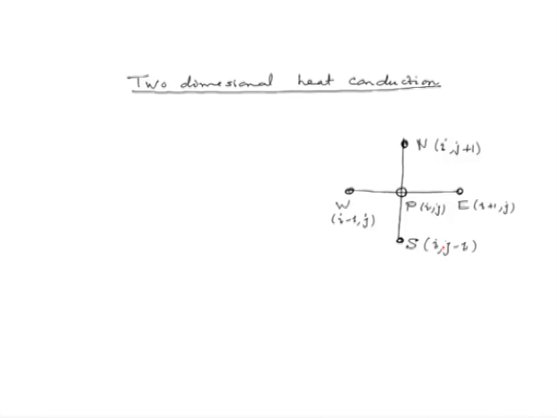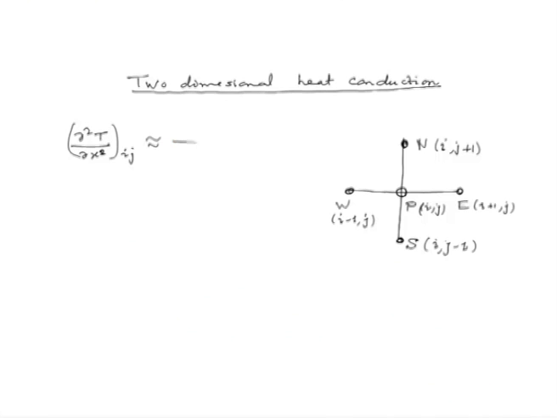So, at point P, that is, at the point given by indices i and j, our del 2T by del x square. Remember what we said: if you want to find the approximation formulae for a multidimensional derivative, look at the variable with respect to which we want to differentiate. Here it is x, so only the i indices will change in the formulae which we had derived for one dimensional problems. Here we are using a central difference scheme.